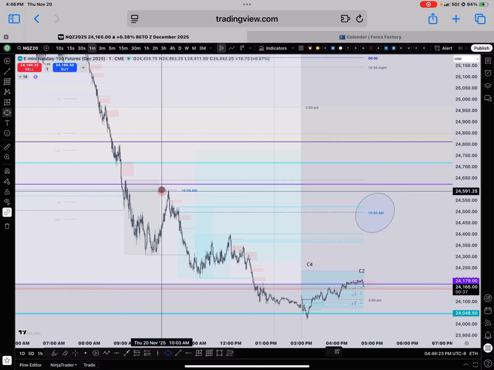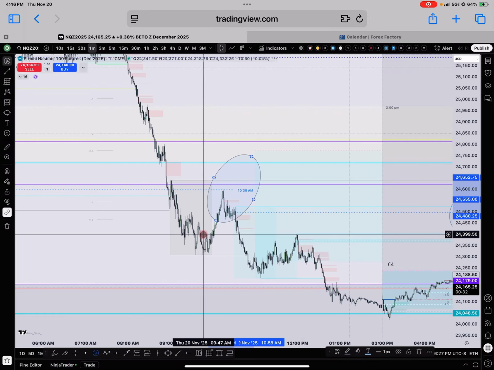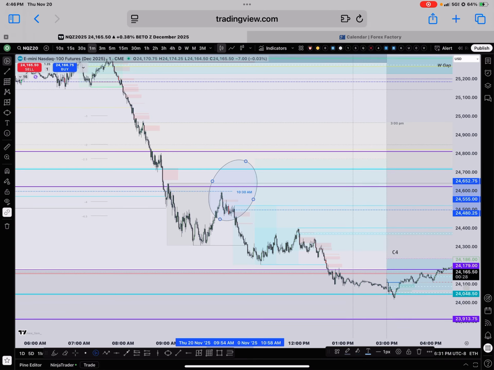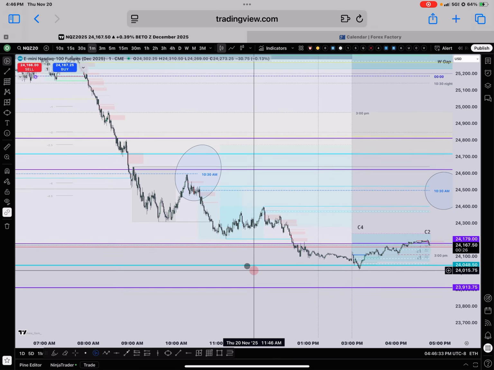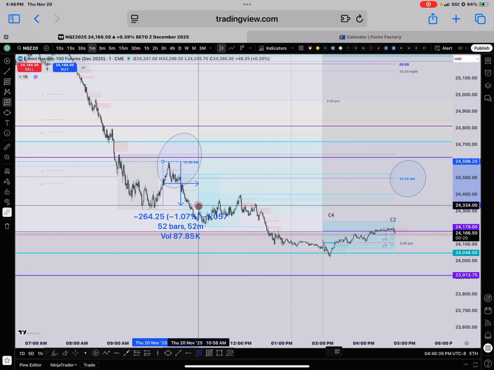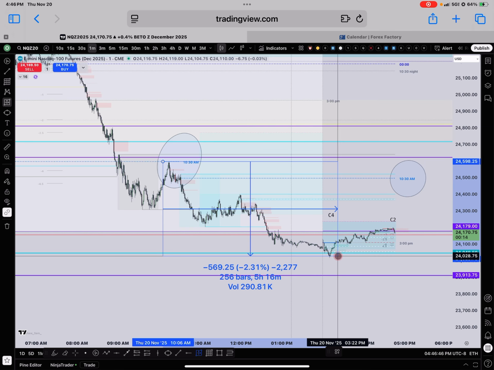And we have another one, this is Wednesday's 10:30, and look how nicely it touched and came lower, like a drop. How many ticks did it drop from here? It just tagged it there, and we came lower. Wow, that's pretty awesome. 2,262 ticks.